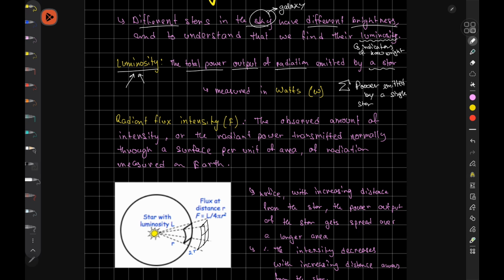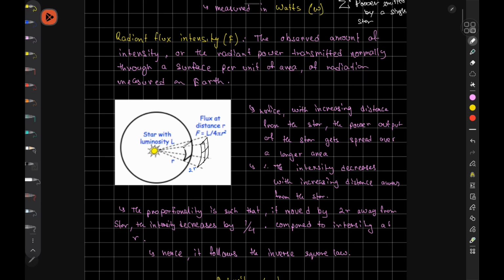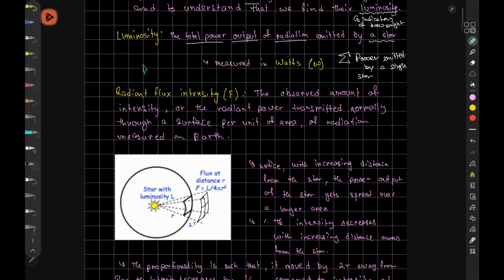So we just consider the power emitted by the star from every single angle, every single piece of area of the star. So when we sum up the power emitted at this area, then this area, then this area, and then through the entire body, that is the surface area, and the area of the sun or any spherical object is 4 pi r squared.